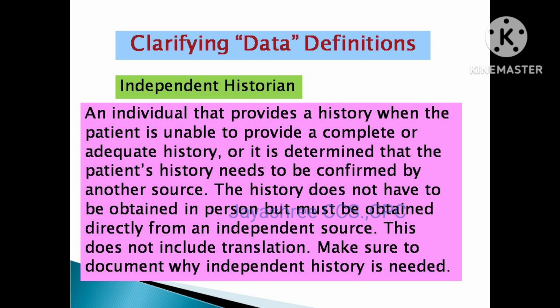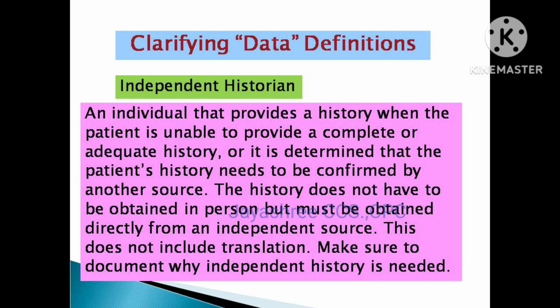Independent historian means when the patient is unable to provide his history to the physician, any patient caregiver or patient's family members or any guardian will provide the patient's complete history to the physician. That will be considered as an independent historian.